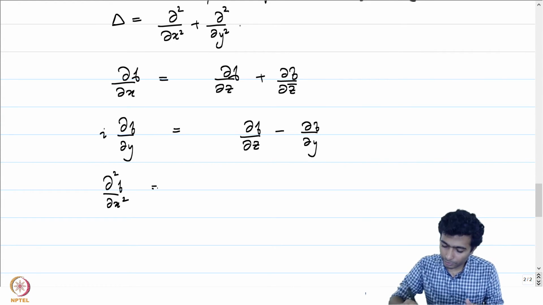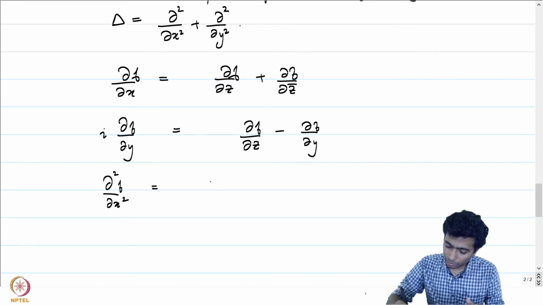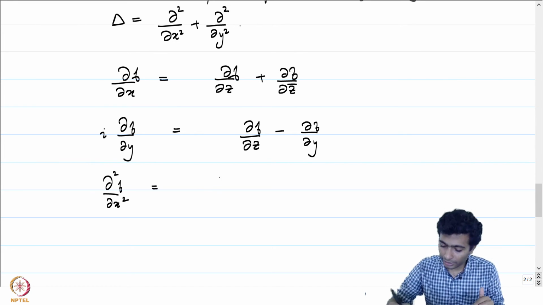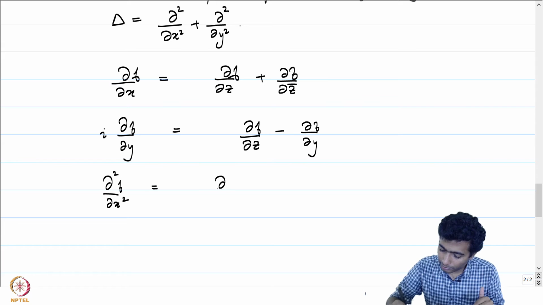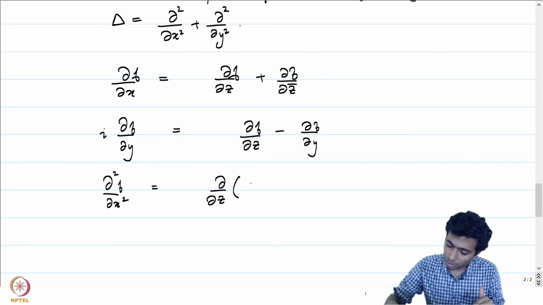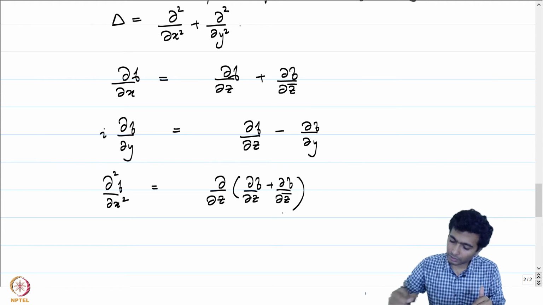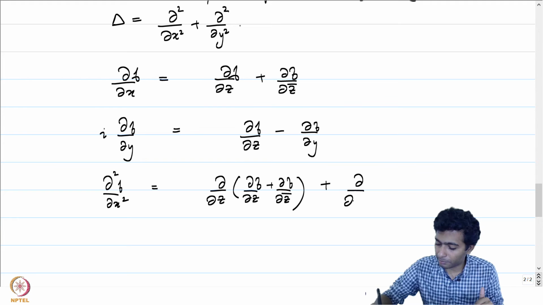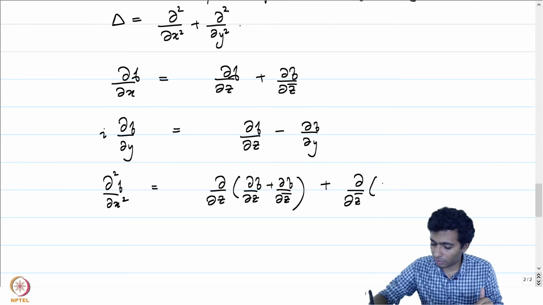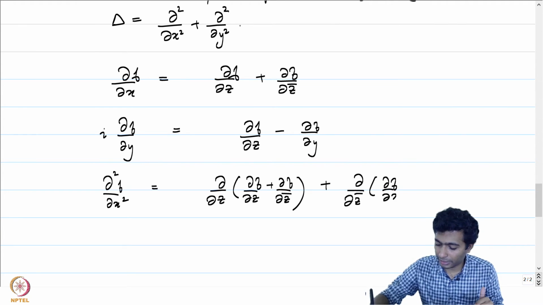That is just going to be equal to ∂/∂x of whatever was there, and ∂/∂x of this is going to be equal to ∂/∂z of (∂f/∂z plus ∂f/∂z bar) plus ∂/∂z bar of (∂f/∂z plus ∂f/∂z bar).